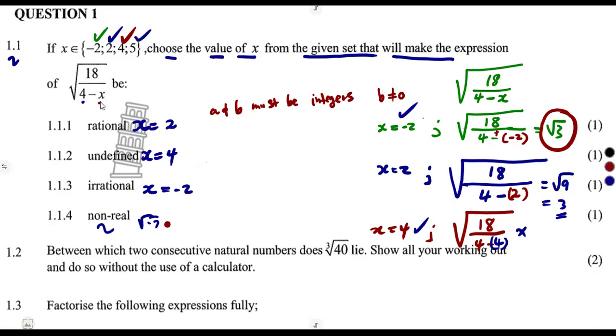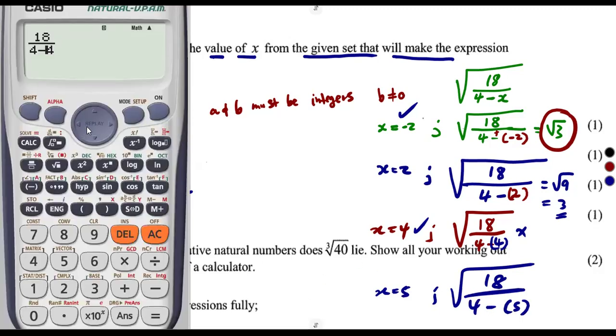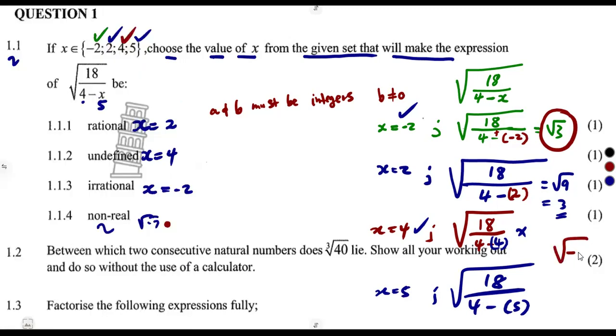All right, let's move on to the last part, which is when x is 5. You're going to substitute 5 in place of x there. So when x is 5, that will be the square root of 18 over 4 minus 5. Simplifying this on our calculator, that's minus 18. So you're going to have the square root of minus 18. Can you simplify the square root of minus 18?